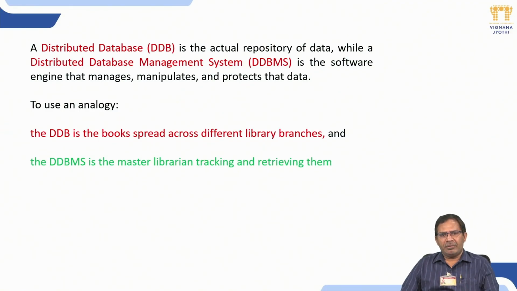In a sense of interpretation, the distributed database is the books spread over multiple physical locations, whereas the DBMS is the master librarian who is capable of tracking and retrieving the data required in the context.